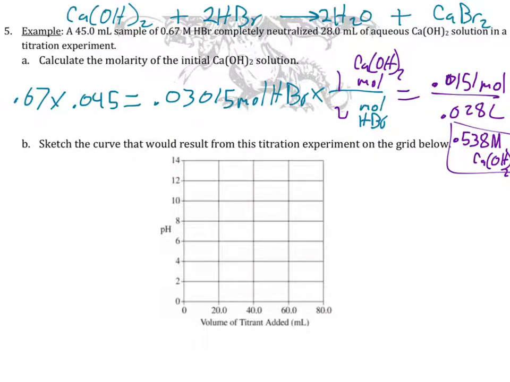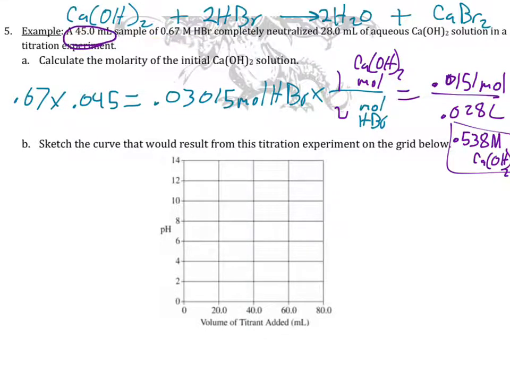The next thing you need to do is determine the equivalence point. The equivalence point is the point at which the solution is neutral, and it's how many milliliters it takes to neutralize the solution. In this particular problem, it took 45 milliliters of the titrant.